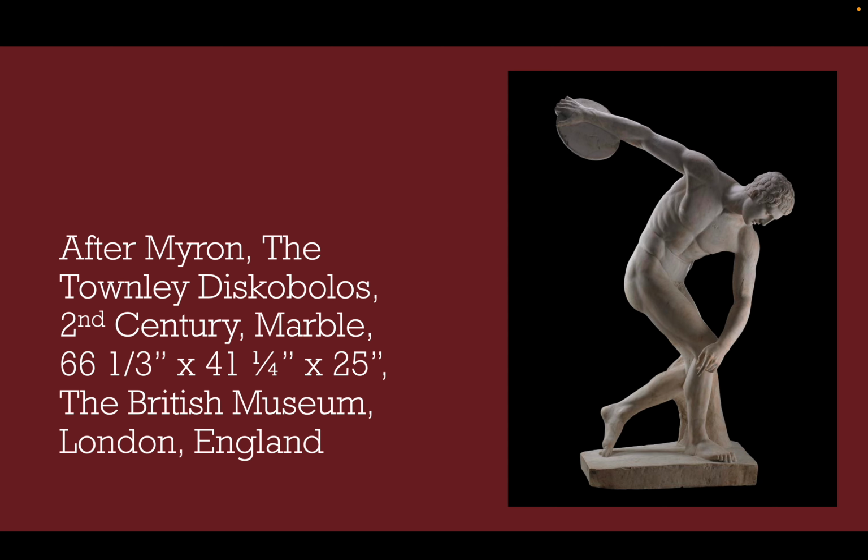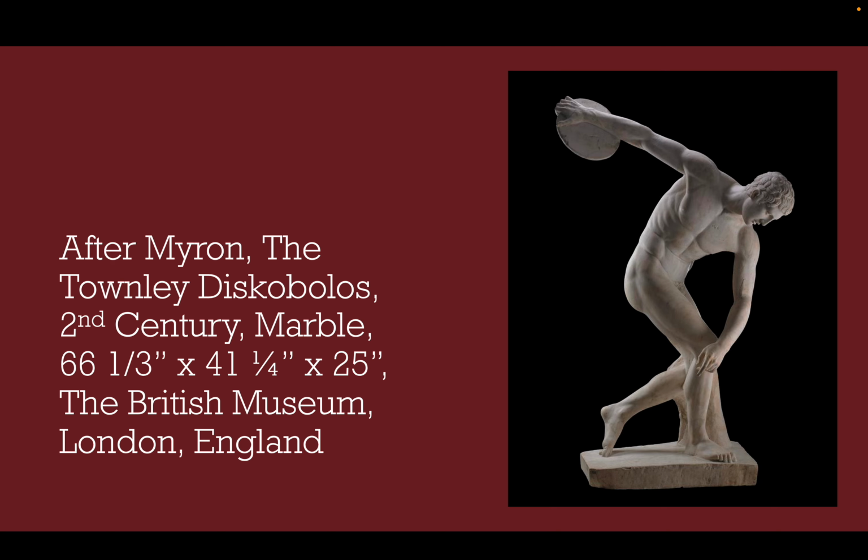Next, we're going to talk about the Townley Discobolus. This one says after Myron because this was once a Greek sculpture. The Greek sculptures were usually made in bronze, not always, but often. So when the Romans came in and took over Greece, they used the bronze for weapons.